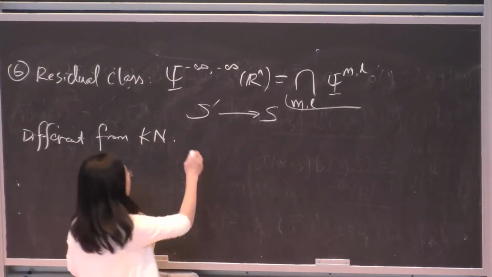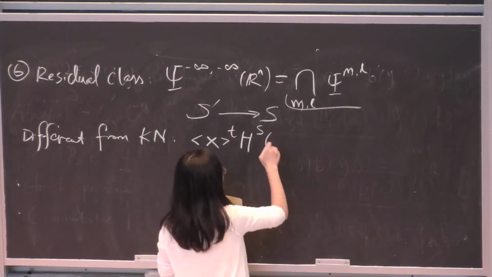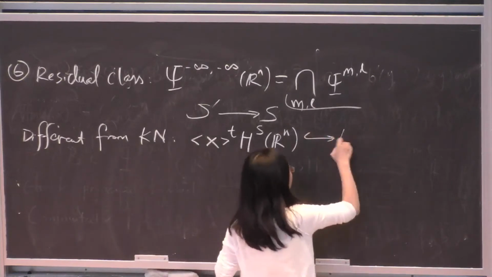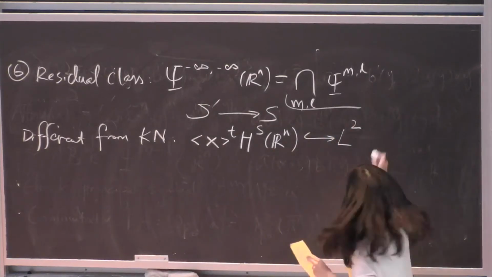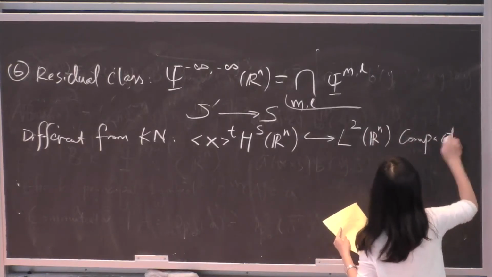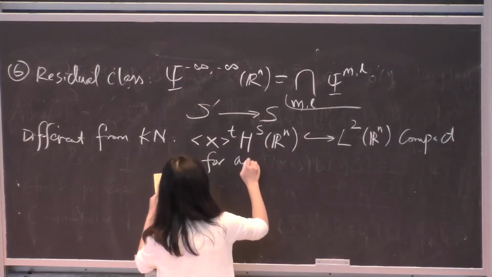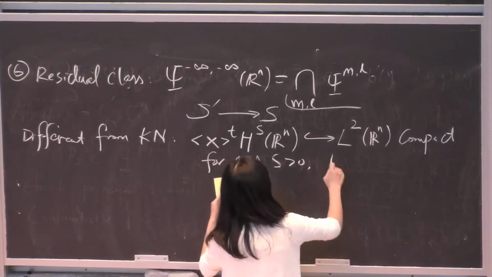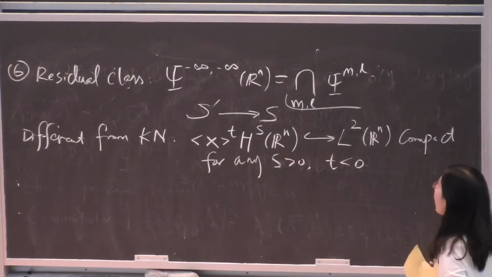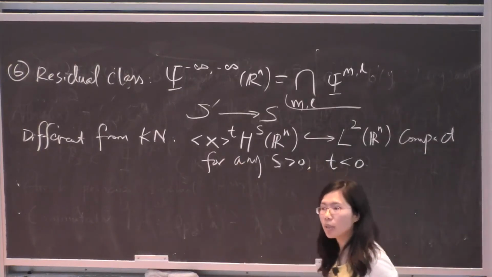Another thing I should mention here, which is very different from the Kohn-Nirenberg symbol class, is that we have the following functional property: if you take a weighted Sobolev space with a good weight, then we have a compactness here. So this is sitting in L2 compactly, for any s greater than 0 and t less than 0. In the sense that as long as you have a bit of decay here, this will help us for the compactness.